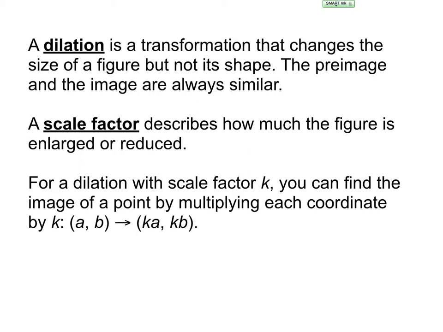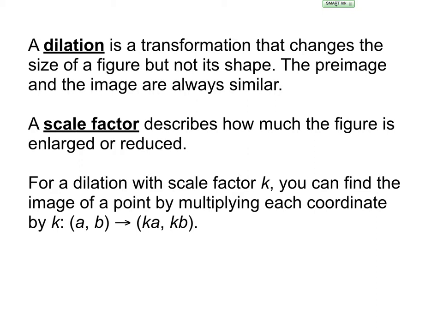If it's reduced, maybe you're going with a scale factor of 1/3. So it's going to shrink it down to 1/3 of what it was. So what are we going to do? That bottom part tells us how we're going to calculate our new points to graph. For a dilation, if the scale factor is k, that's just kind of a standard they use for scale factors, you can find the image of the point by multiplying each coordinate by k, the scale factor.